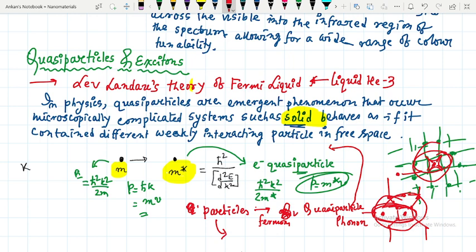But when the particles derive from the real particle which is a boson, these are called collective oscillations. So this is a very fine difference, and in most cases this difference has no meaning. So you can say that quasi-particle and collective oscillations are more or less the same thing.